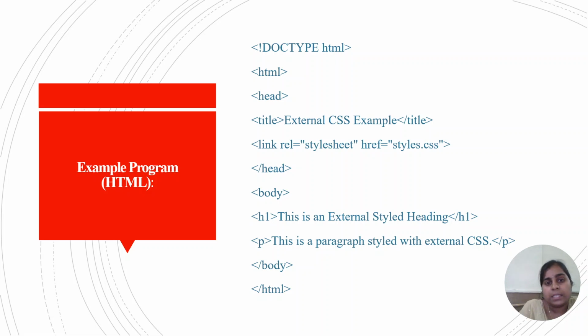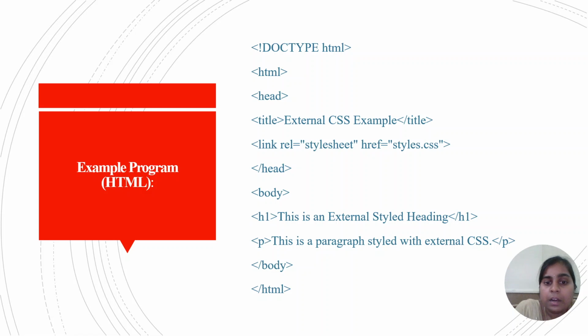The HTML starts with the doctype HTML, and then the HTML tag, the head section is here, and then the title tag, which must give a name to the web page, and then here I am taking the link tag. So this link tag is used to link the two files.